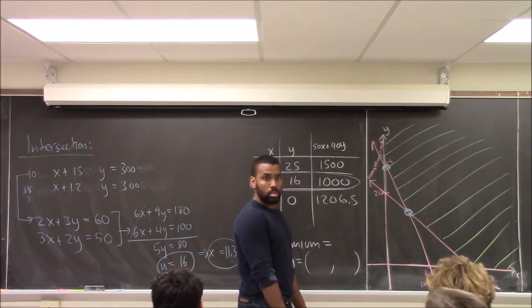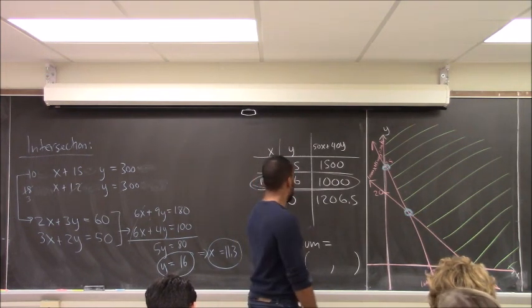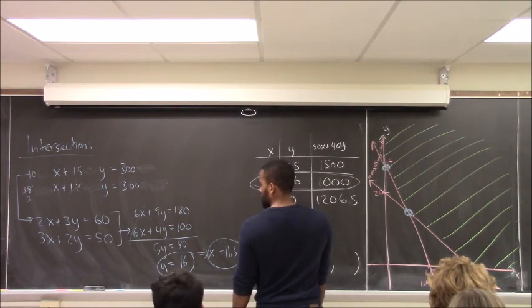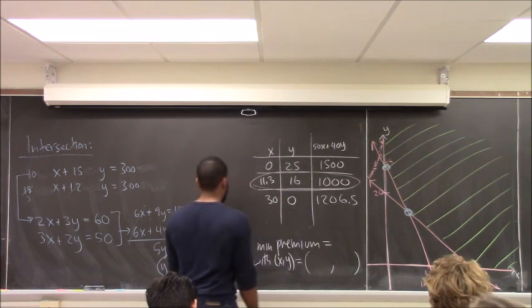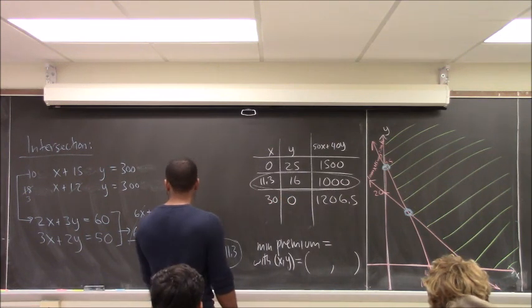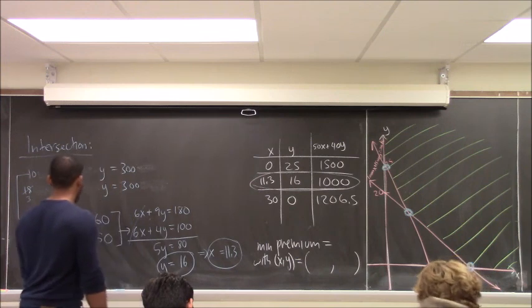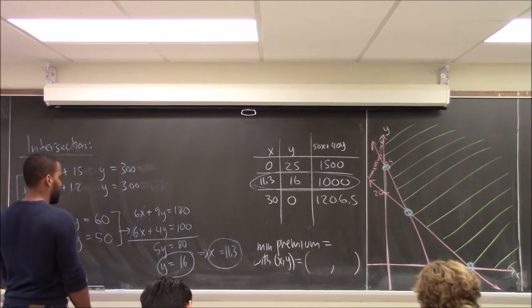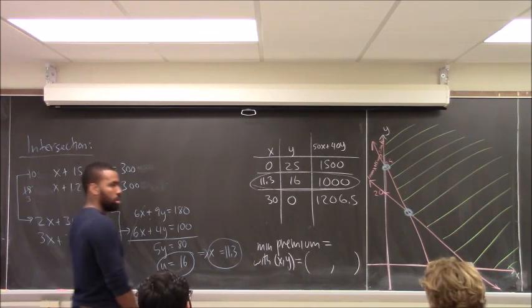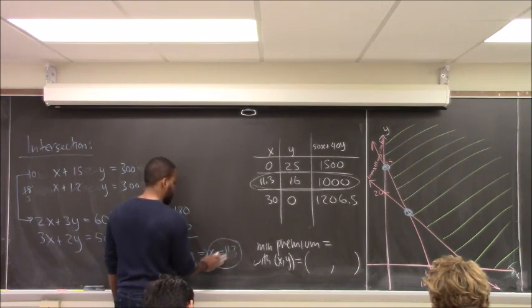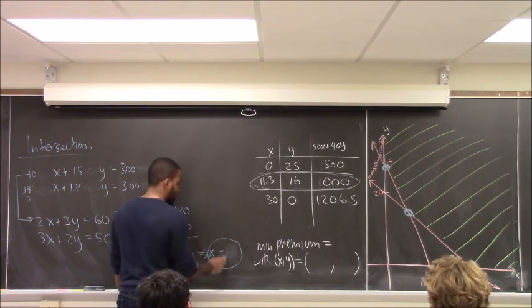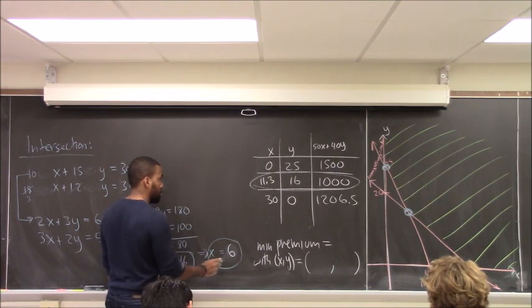I got 6. I was like, oh no, switch those two. If y is 16, I think x is 6. Yes. Oh, I had 30 at first.